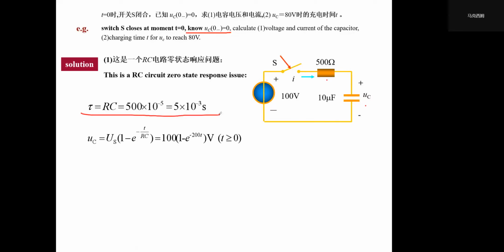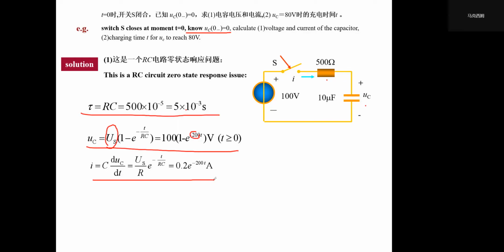We can write it directly using the conclusion we already know, right? We just put the corresponding values in, US 100 and this one 200, and then we have the conclusion. So we don't have to painstakingly do the calculation. And the corresponding current is like this.